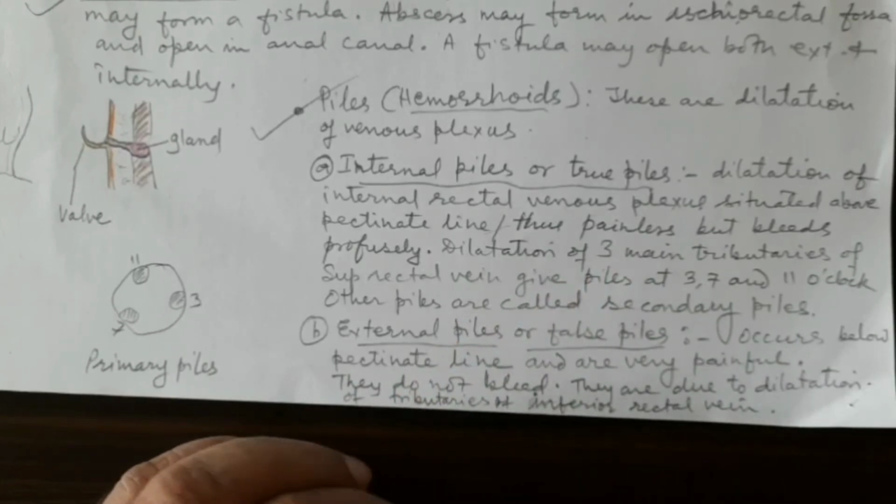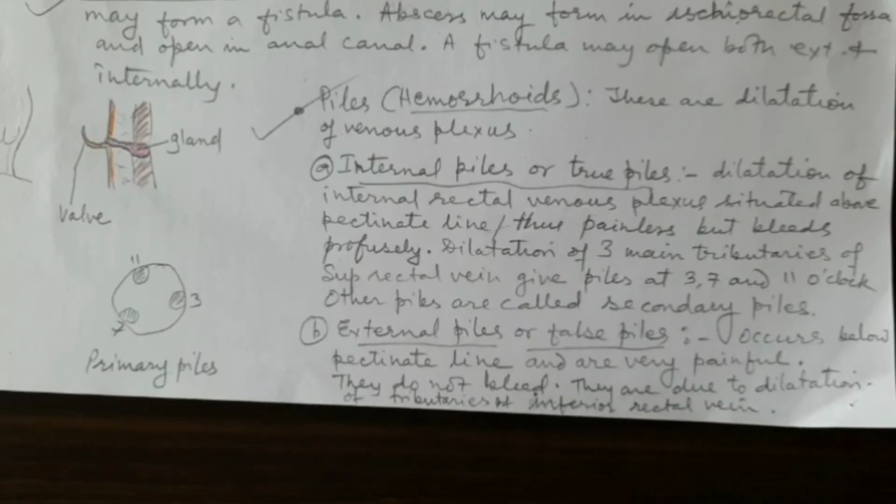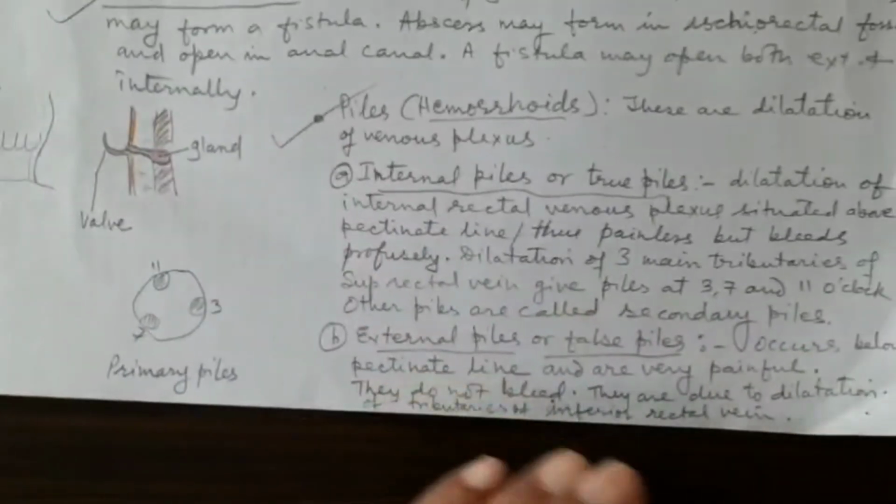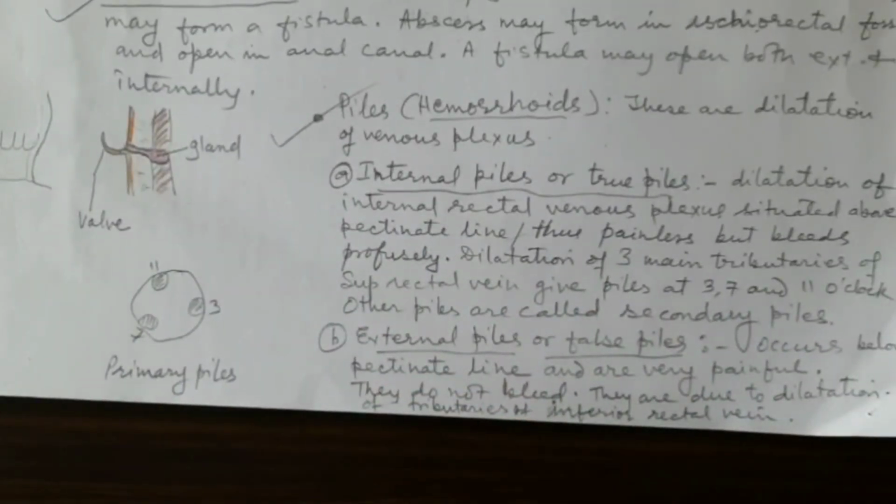This will be painless. Why is it painless? Because it is located above the pectinate line, where it is supplied by the autonomic nerves, sympathetic and parasympathetic. Hence it is painless.